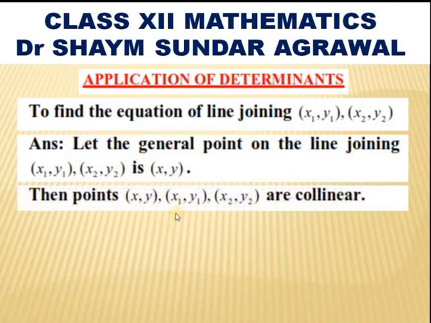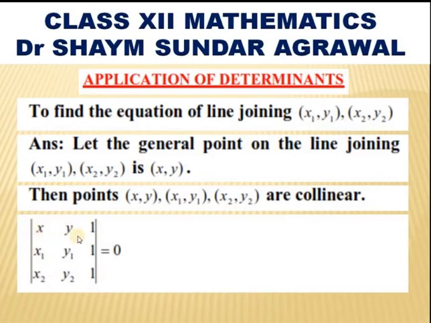If the three points are collinear, then the determinant of x, y, 1, x1, y1, 1, x2, y2, 1 is equal to 0. So the equation of the line joining (x1, y1) and (x2, y2) is the determinant of x, y, 1, x1, y1, 1, x2, y2, 1 equal to 0.